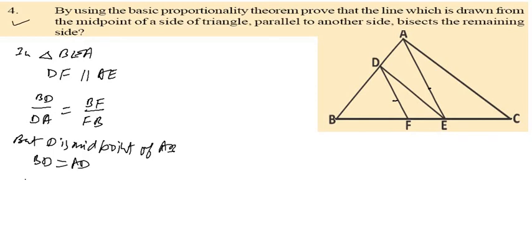So you can write here AD upon AD is equal to BF upon FE, not FB. Now AD will be cancelled out, so we can say it is BF is equal to FE. So it's your equation first.